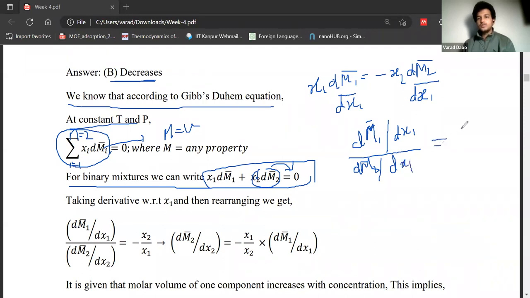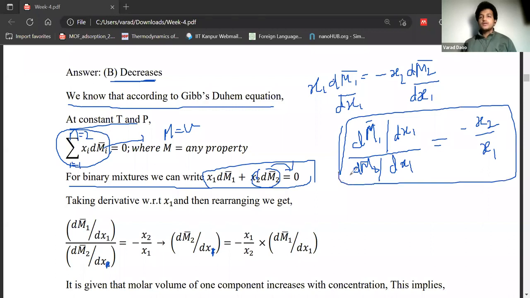This is equal to minus of x2 by x1. Right? So it should be x1. It should be x1. Right? So this is the expression.